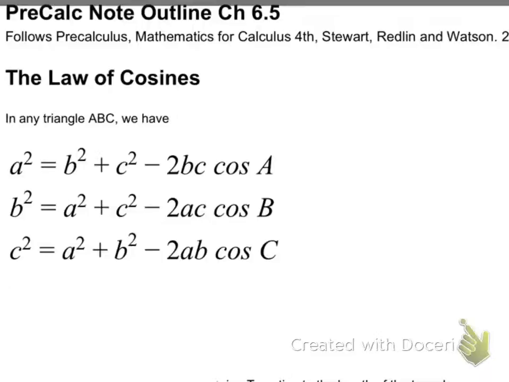Well, here's the cool thing, is that they also came up with the law of cosines. And the law of cosines always will give you the one answer if it exists. So there still could potentially be trying to put pieces of a triangle together that don't work. They'll tell you that. But if it does, this one will tell you the right answer. Okay?